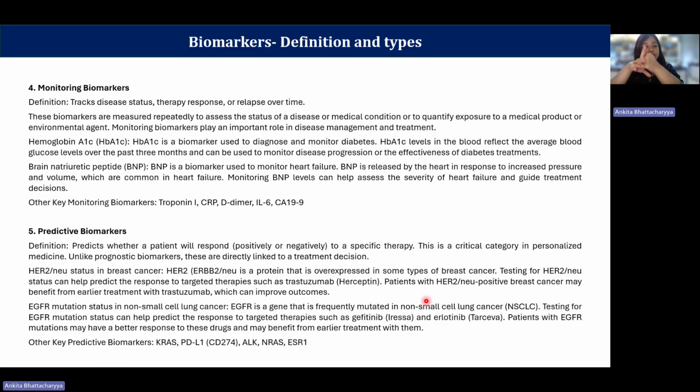So HER2/neu status in breast cancer, for example. HER2, which is ERBB2/neu, is a protein that is overexpressed in certain types of breast cancer. So, testing for HER2/neu status can help predict the response to certain targeted therapies such as trastuzumab, which is Herceptin. Patients with HER2/neu positive breast cancer might benefit from earlier treatment with trastuzumab, which can improve patient outcomes.